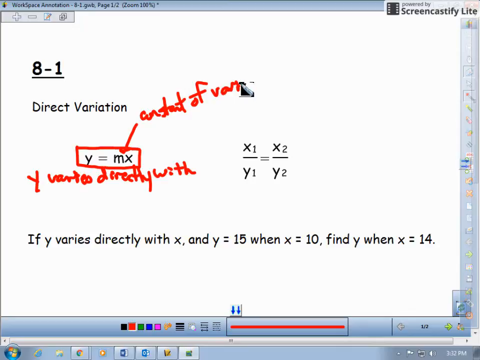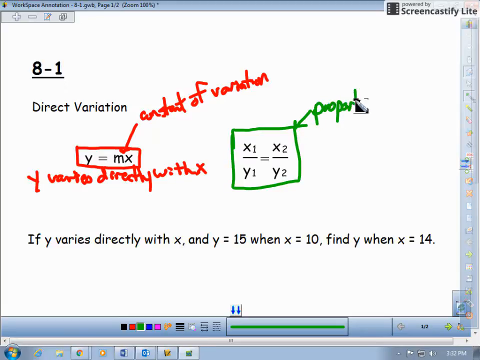Okay, and you can solve these using this. What you've got to do is find the constant of variation first, then plug it back into this equation, and then use it to find your solution. Or you've got a second choice, and anything that's direct variation really can just be set up in a proportion.